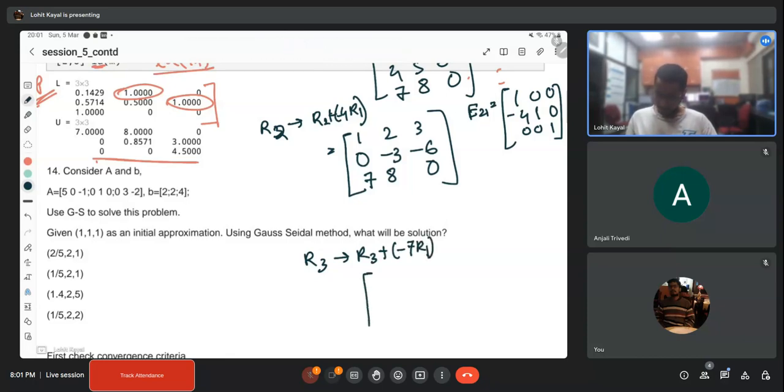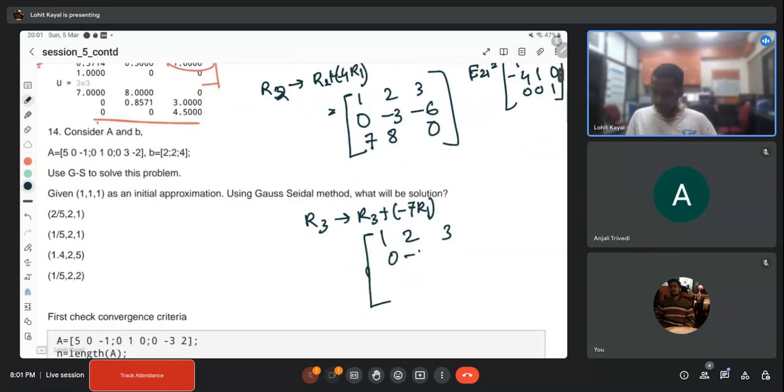The result will be 1, 2, 3, 0, minus 3, minus 6, and 0 minus 7 times 1, 8 minus 14 is minus 6, and 0 minus 21, so minus 21.